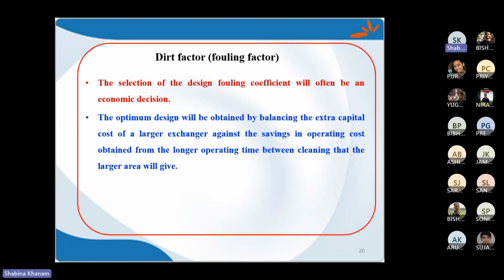Actually, the more dirt factor you consider, the lesser heat transfer coefficient you will obtain. More dirt factor, lesser heat transfer coefficient, and more heat transfer area. So it means a larger heat transfer area you need to consider, and a larger heat transfer area means more capital investment.